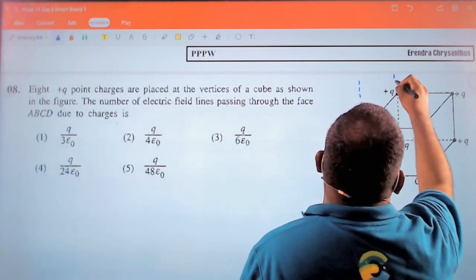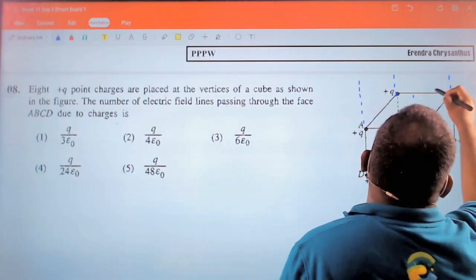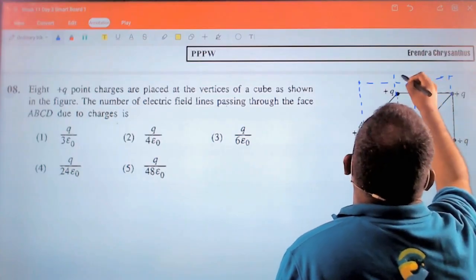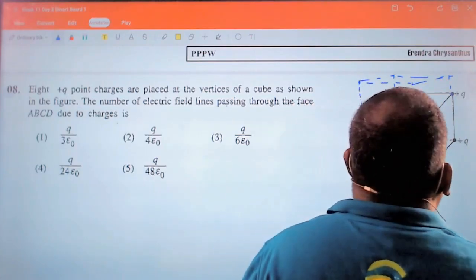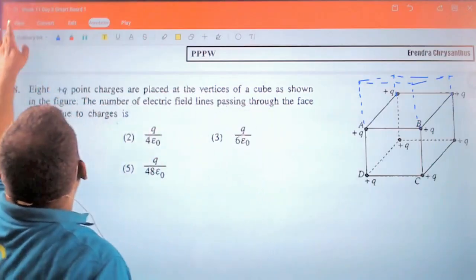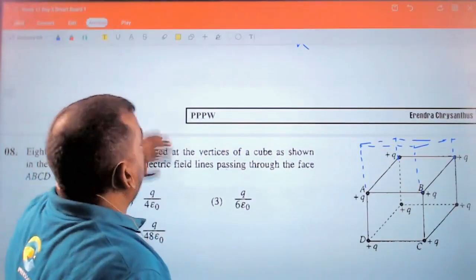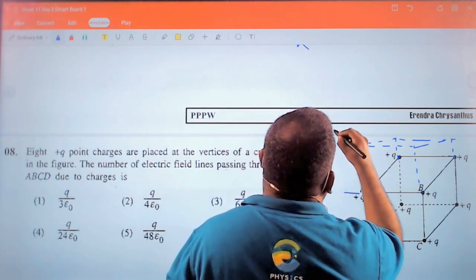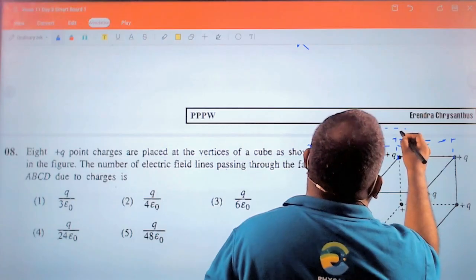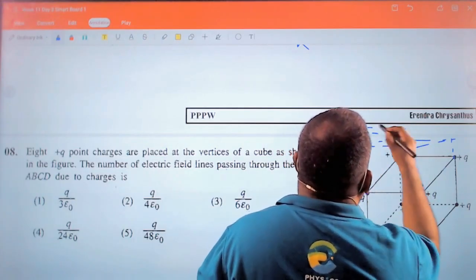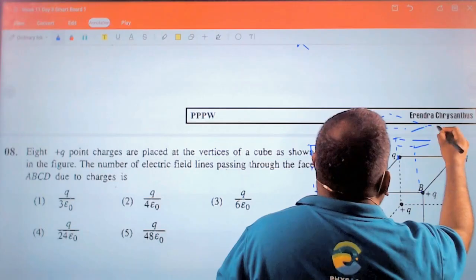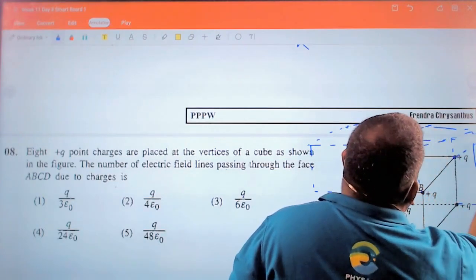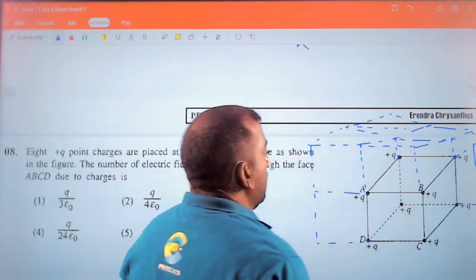So, we can fully enclose it by a cube. Just a rough sketch. So, bigger cube.